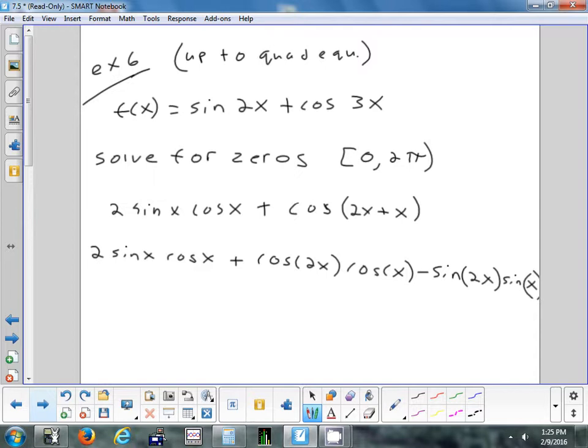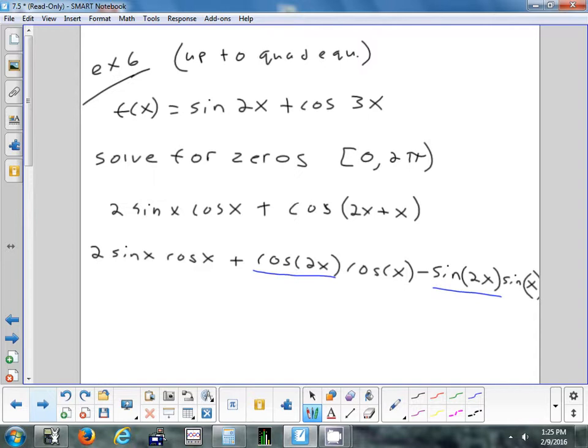Just split that second one with the cosine sum. Now there's two things here that are still not the way we want. That and that. We have 2's in both of those arguments, but at least we don't have 3's. We got it down to 2's.